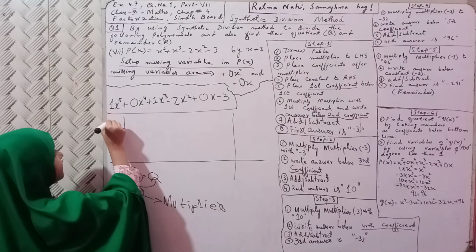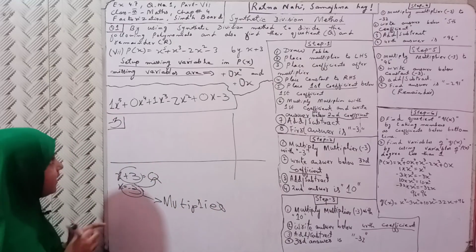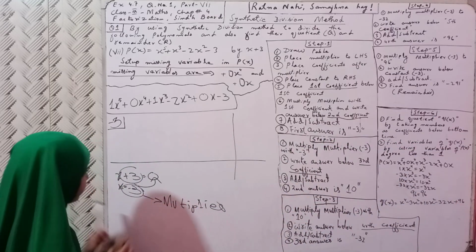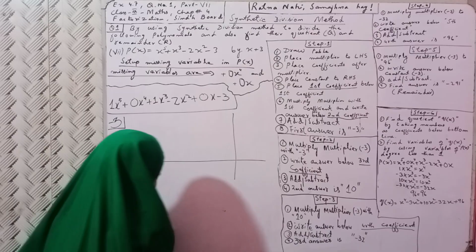Understood? So this minus 3 we will write here. I am removing it now. You have noted it.